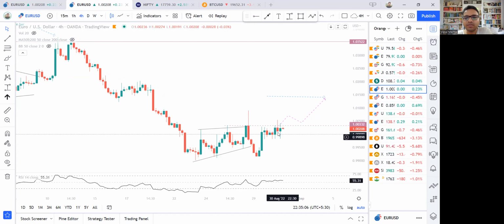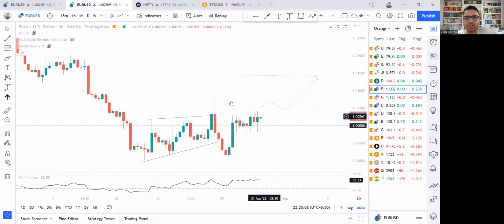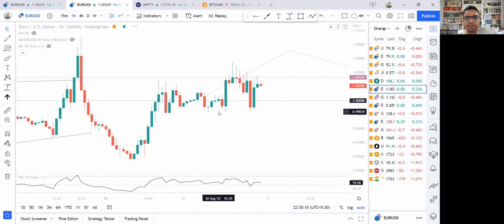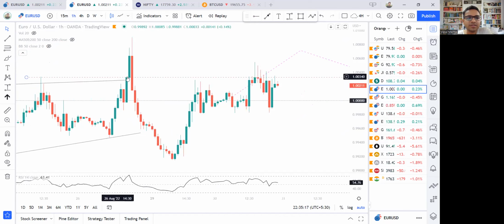Once the breakout happens, mind you, there were all these attempts to break this, but none of them have been successful. Look at all these wicks. This here is crazy selling pressure. The selling pressure started here, resumed, clear selling pressure number 2, number 3, and then you look at all of these.